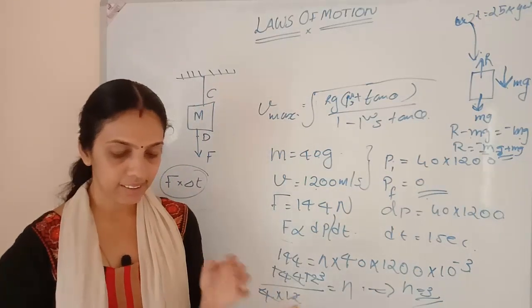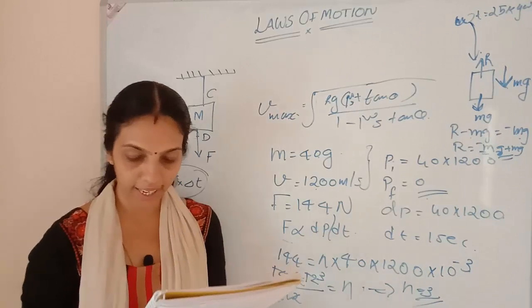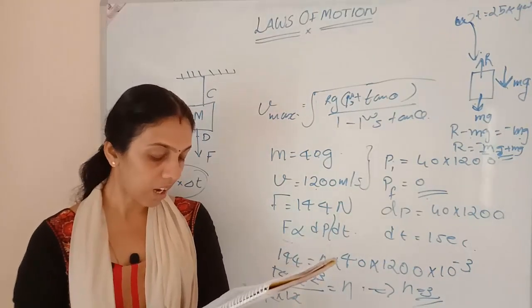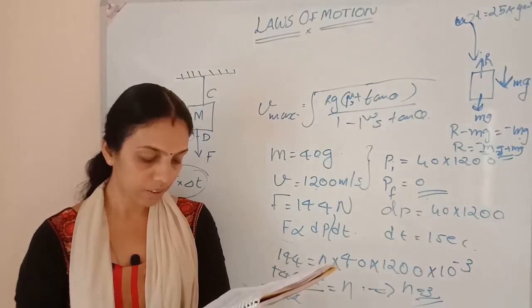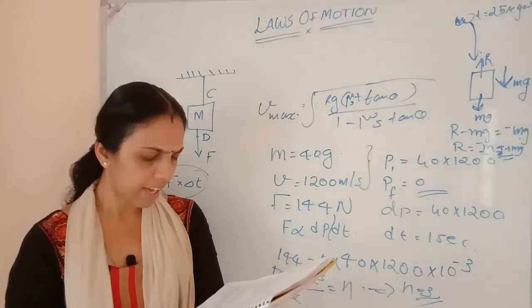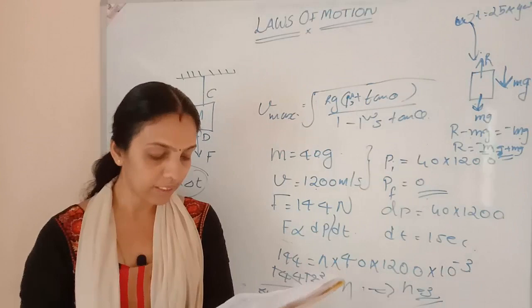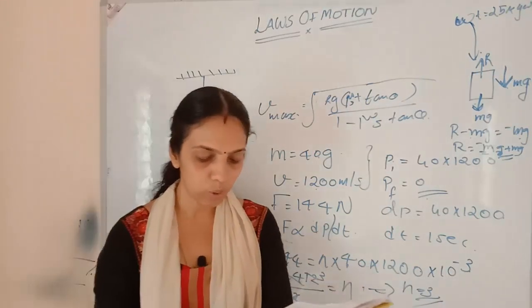Okay, next is, friction is a force acting between two surfaces in contact when there is a relative motion between them. Consider a car moving over a horizontal road. What will be the direction of the force acting between the road and the tire?